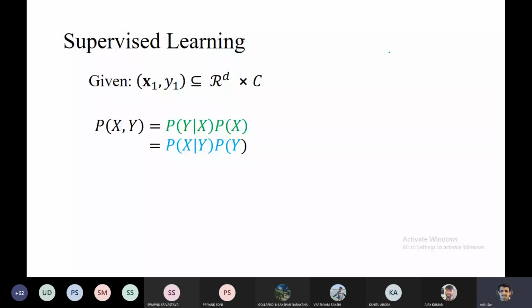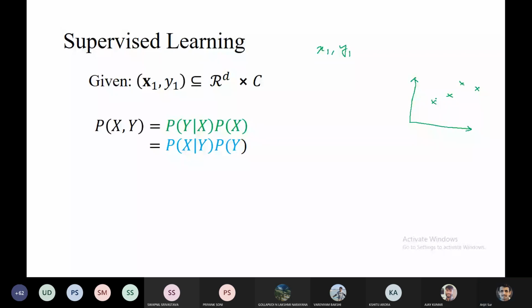In a supervised setting, what is the actual problem? Some data are given, and based on this data sample we try to find a function, our hypothesis function.